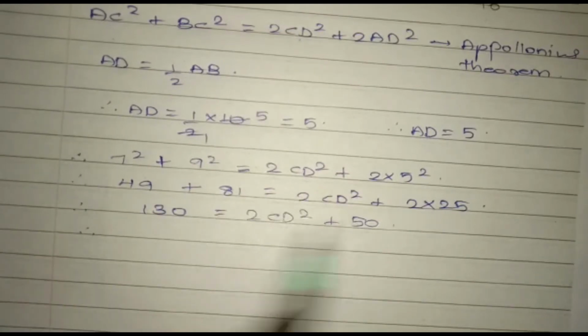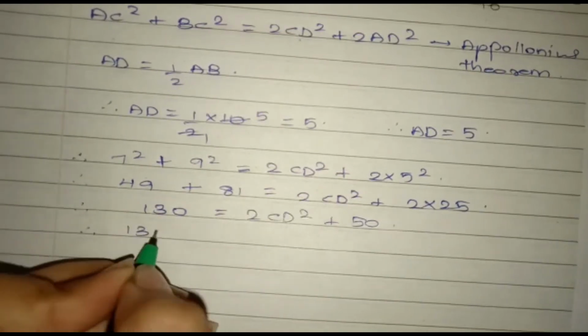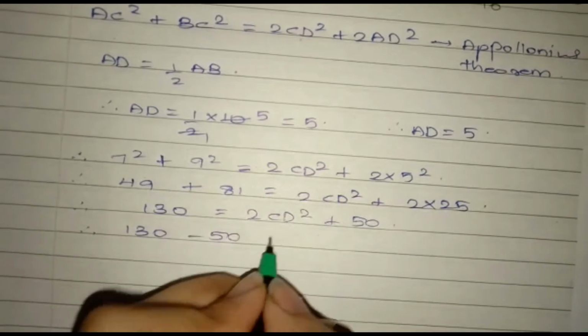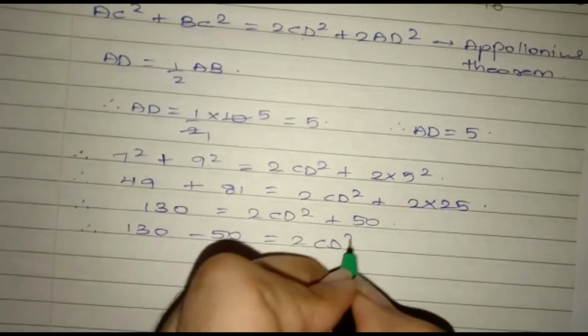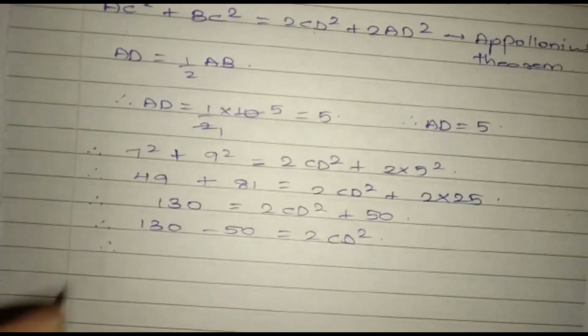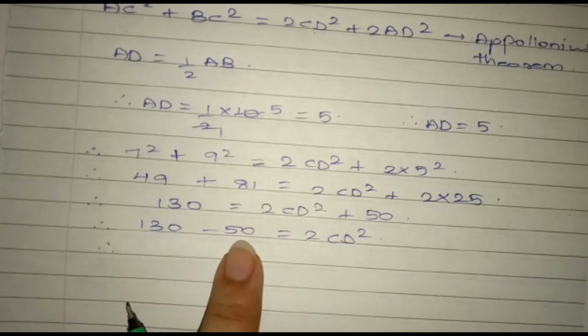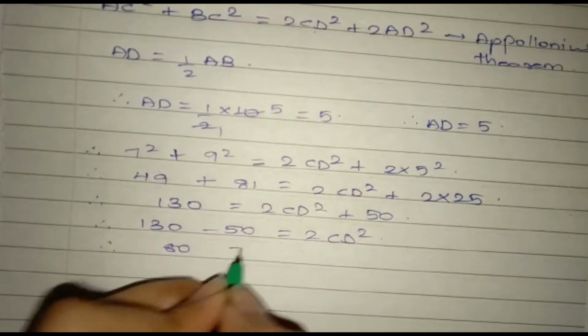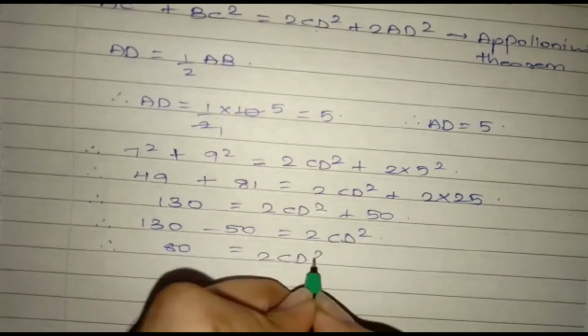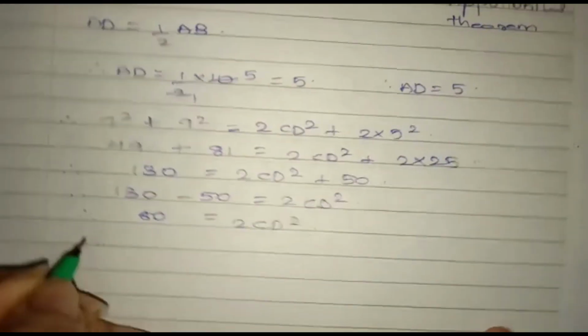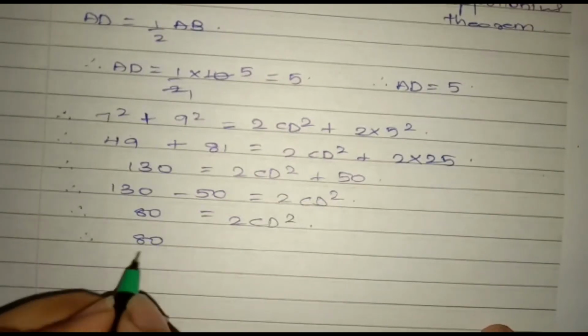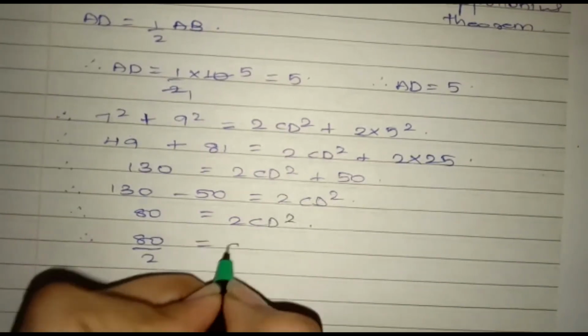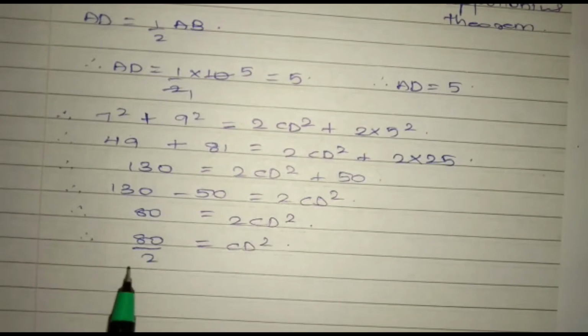We take this 50 on the left hand side. 130 minus 50 is equal to twice CD square. Therefore 80 is equal to twice CD square. This 2 will come in the denominator, so 80 divided by 2 is 40.